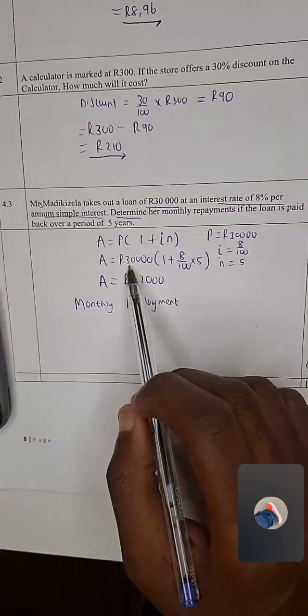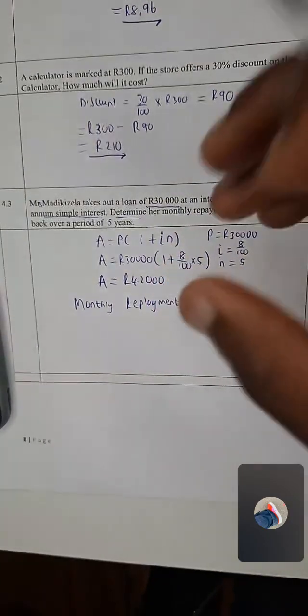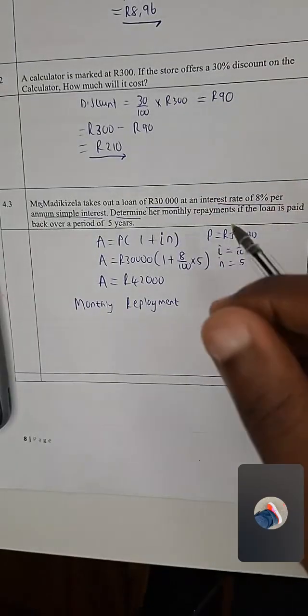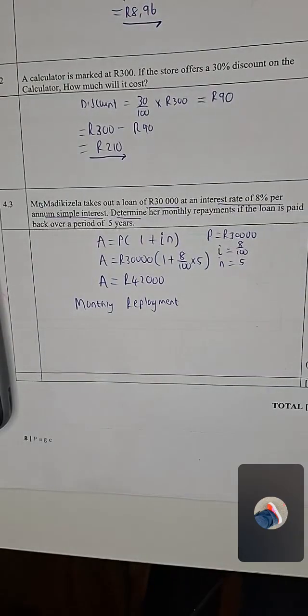So now we want to find out what is the amount that Ms. Madikizela is going to pay every month so that she can settle the loan that she's taken out.